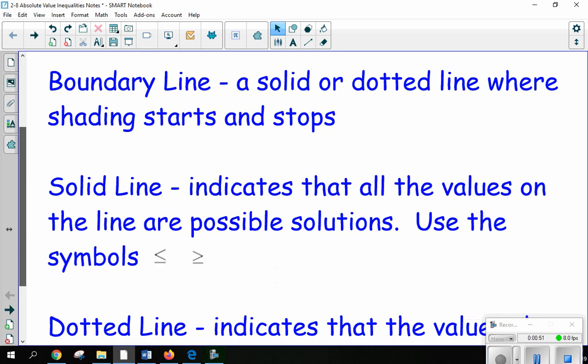The boundary lines stand for whether the actual graph is included in the solution set or if it's not. A boundary line is a solid or dotted line where shading starts and stops. If it's a solid line, this means that the values on the line are possible solutions. That means that the symbols less than or equal to or greater than or equal to are being used in the inequality.